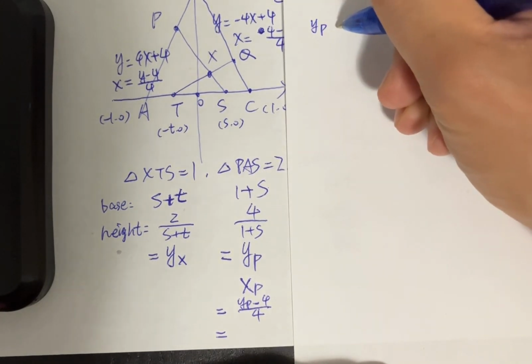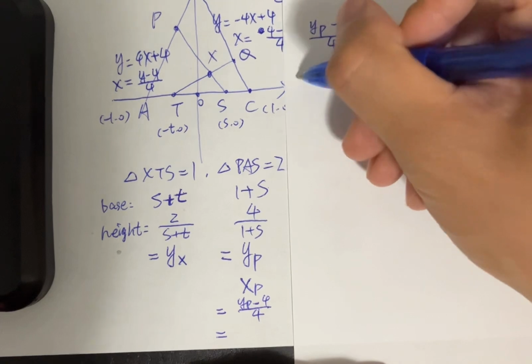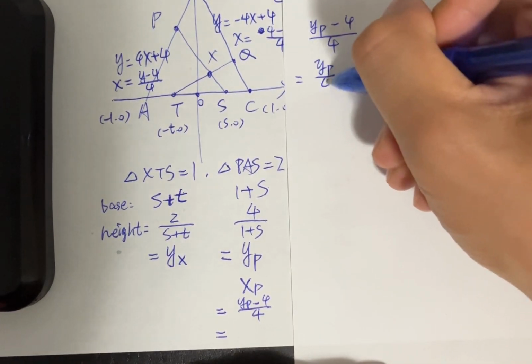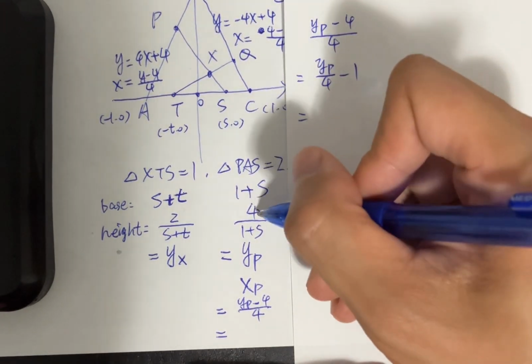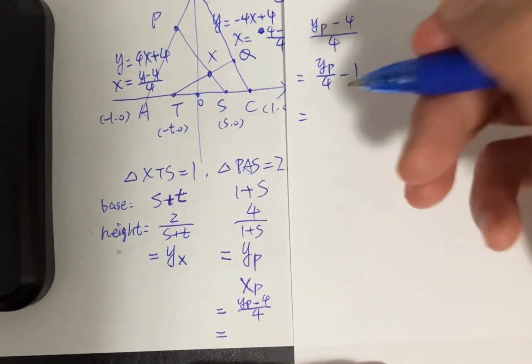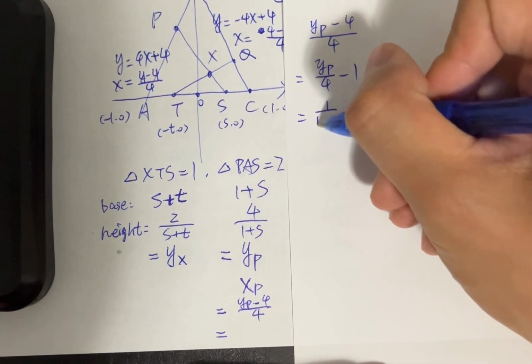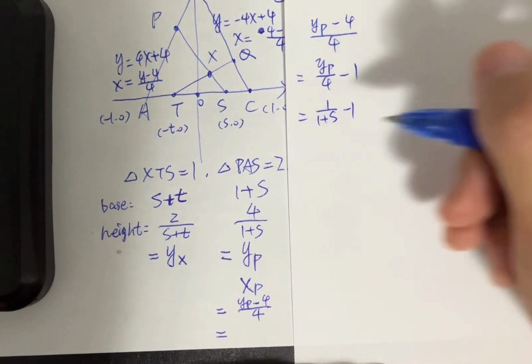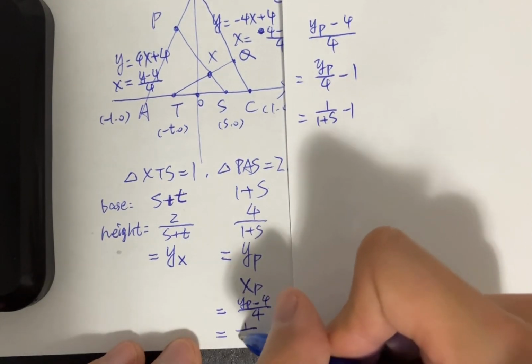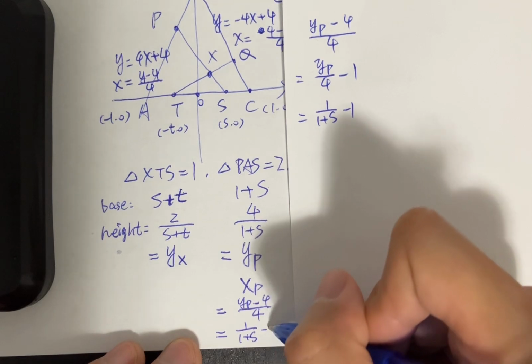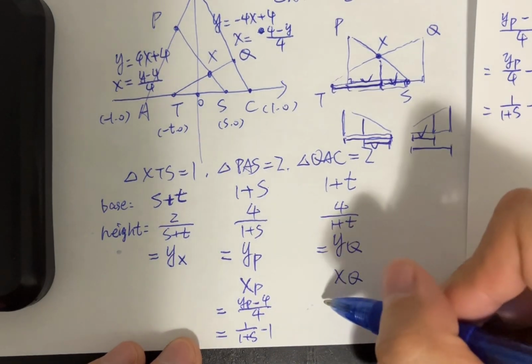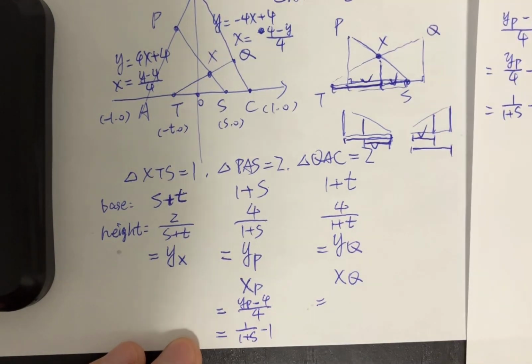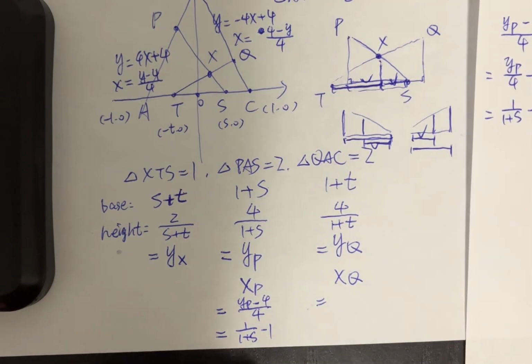(YP minus 4) divided by 4 is just YP divided by 4 minus 1. What is YP? YP is 4 divided by 1 over S, so it is 1 over S minus 1. We just leave it here because I don't want to simplify it right now. Later, maybe we can simplify everything in one go.